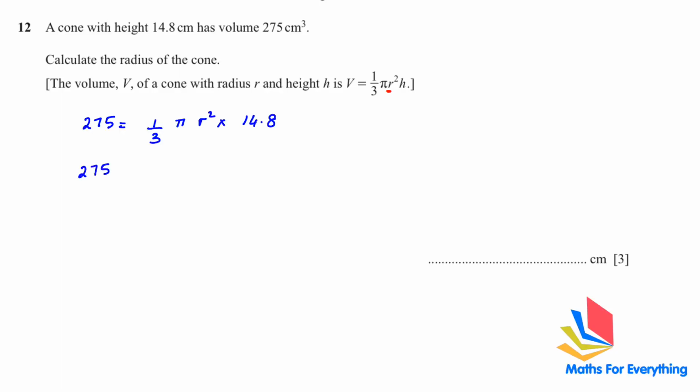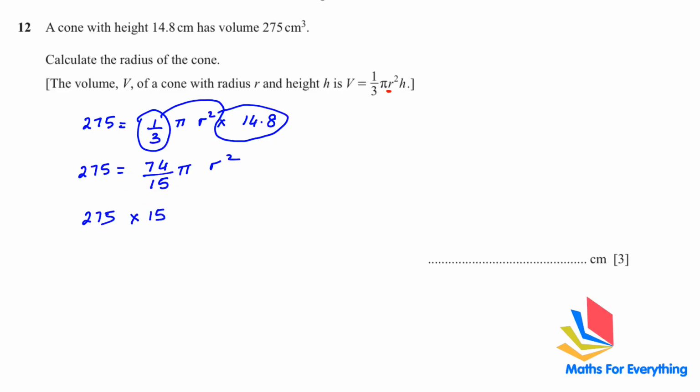So 275 is equal to, in the calculator, substitute 1 over 3 times 14.8. This will give you 74 over 15 pi r square. Now you have to make r the subject. Please remember that when you want to shift the numbers to the other side, if you have something in the denominator, when you move to the other side, it will go up in the numerator.